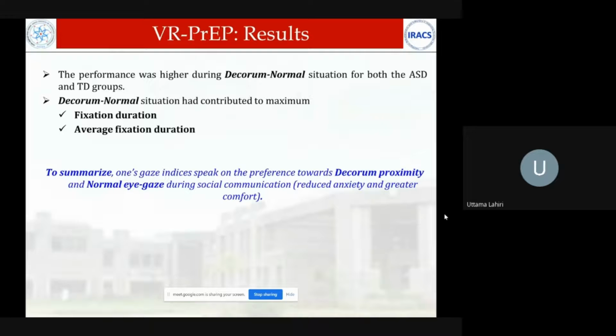And so to summarize, we can say that one's gaze indices can speak on the preference towards decorum proximity and normal eye gaze during social communication, and this is all only possible because they are getting less anxious and, in other words, greater comfort.